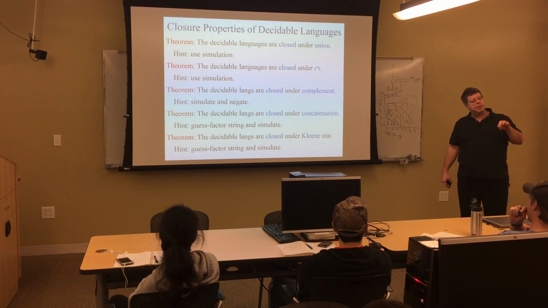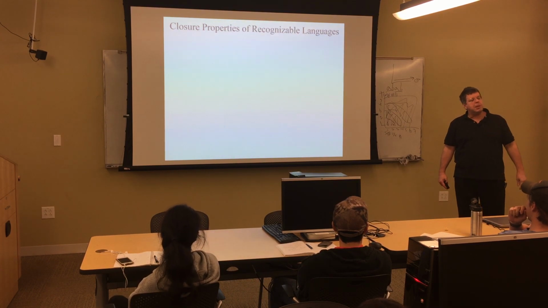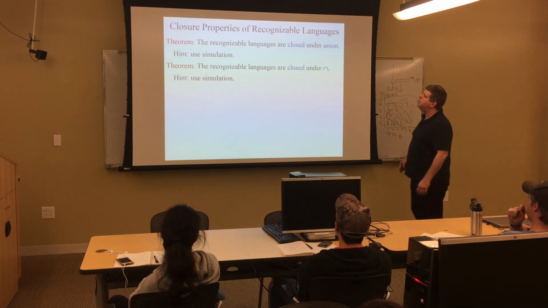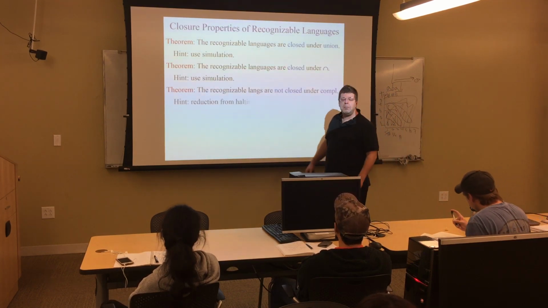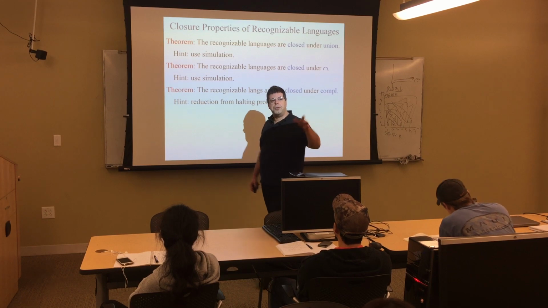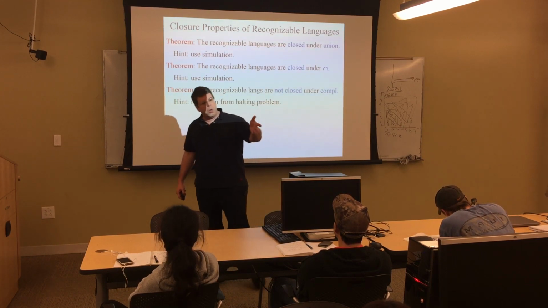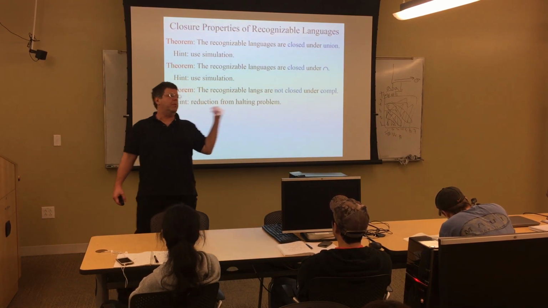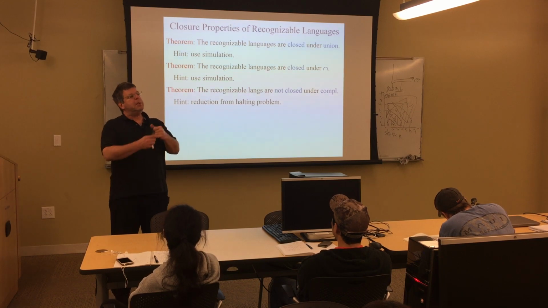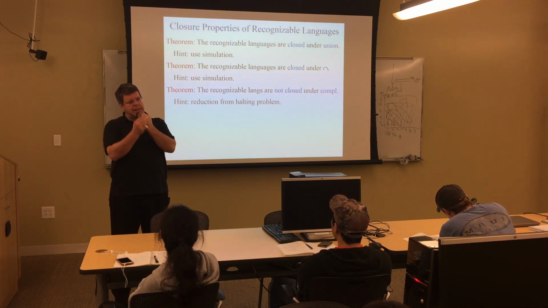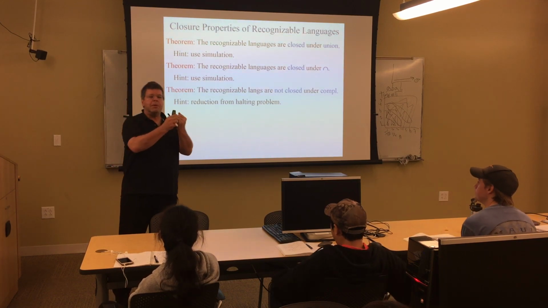But is the complement recognizable? No, it can't be recognizable either. Because if a language and its complement are both recognizable, they're also decidable from what we said a minute ago. So the complement of the halting problem is not decidable and also not recognizable.